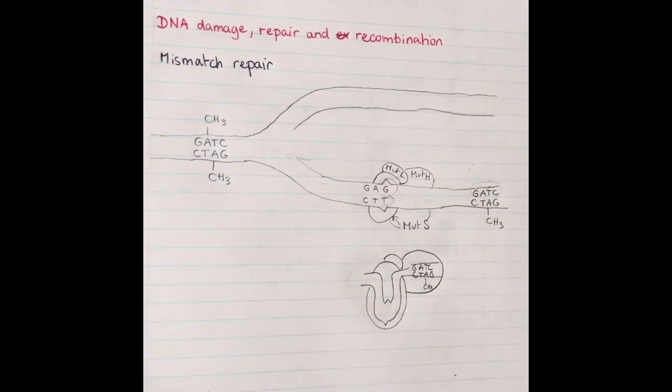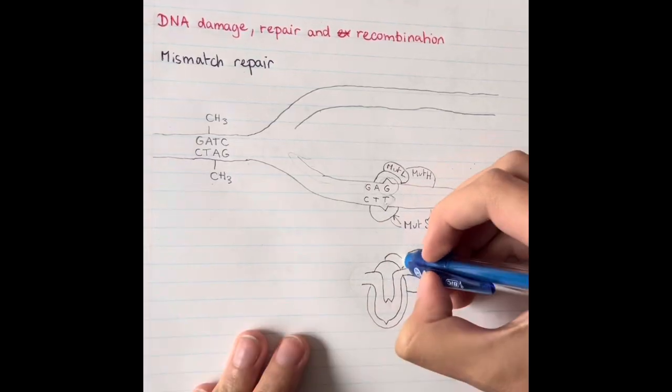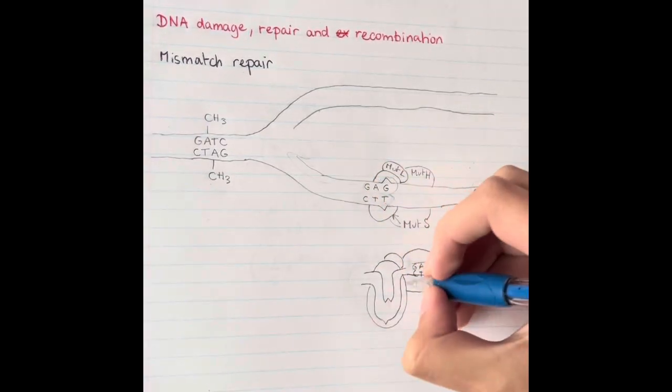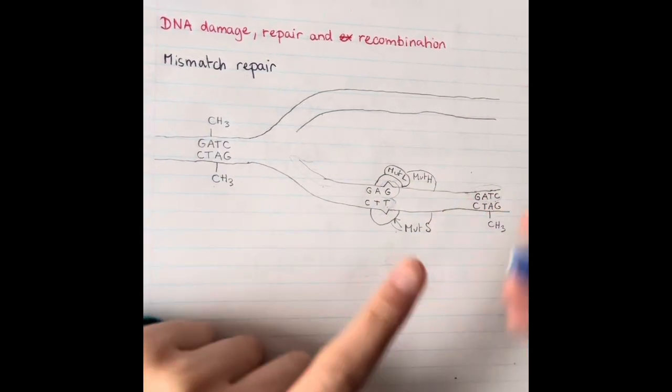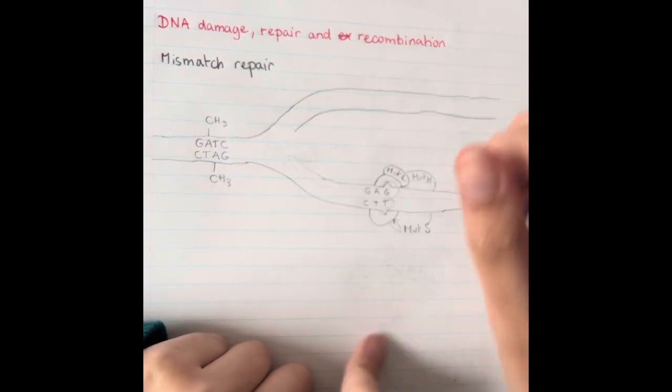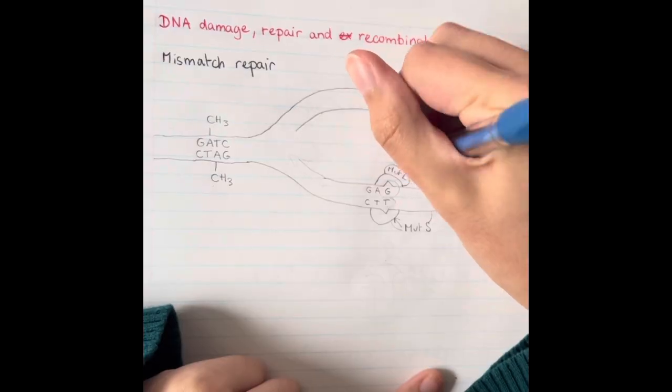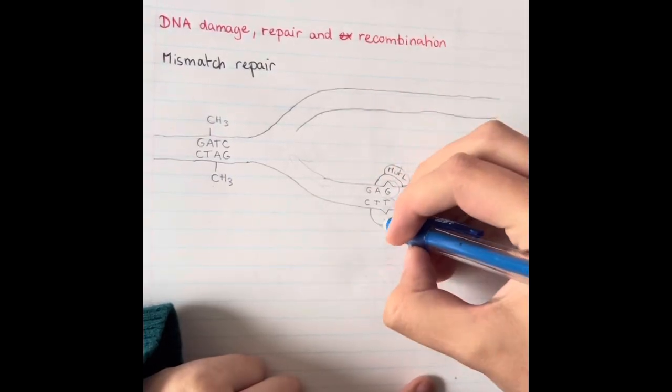Oh look, I already even drew it. It's going to cleave this part that is unmethylated. So now you have the daughter strand cleaved, and MutH unbinds.